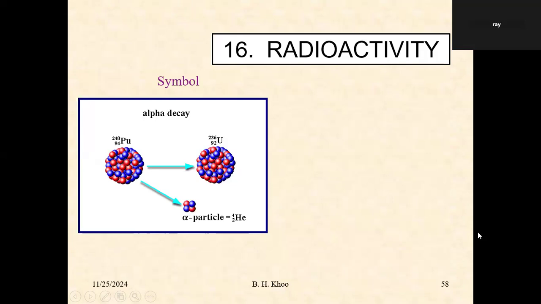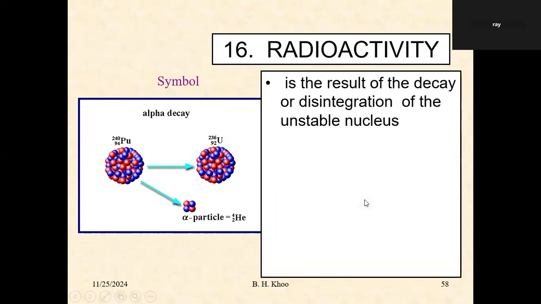Okay, radioactivity. We can draw a picture, but usually we won't, that takes too long. So we write an equation. It's the result of the decay or disintegration of an unstable nucleus.